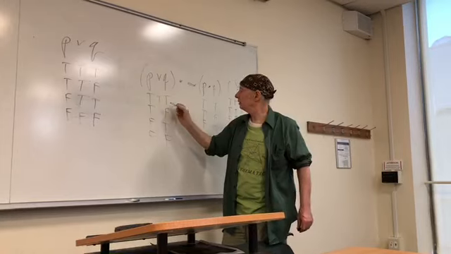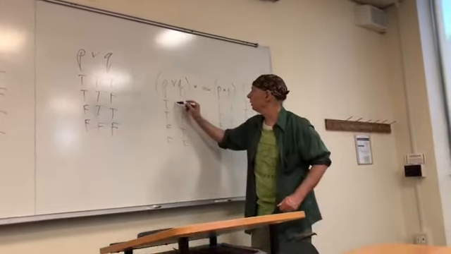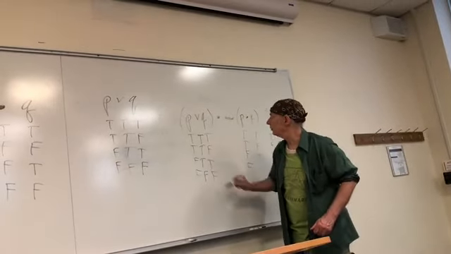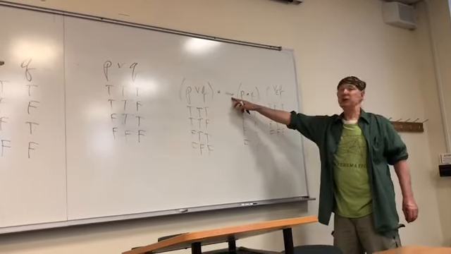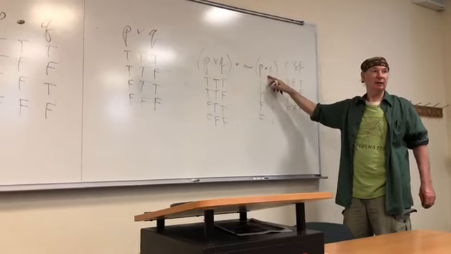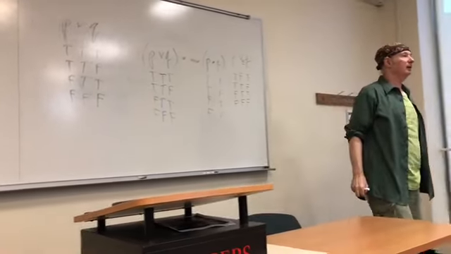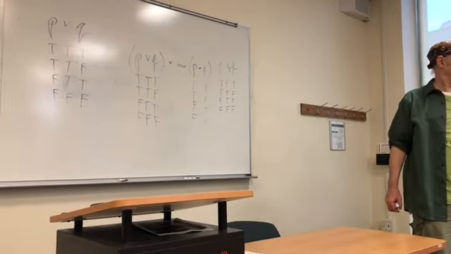T, T, T, T, T, F. Over here, we squiggled after we did the dot. And those parentheses tell us that. First you dotted P dot Q, and then you squiggled the thing.